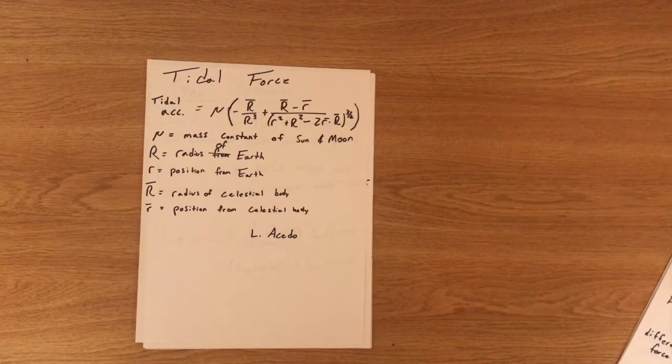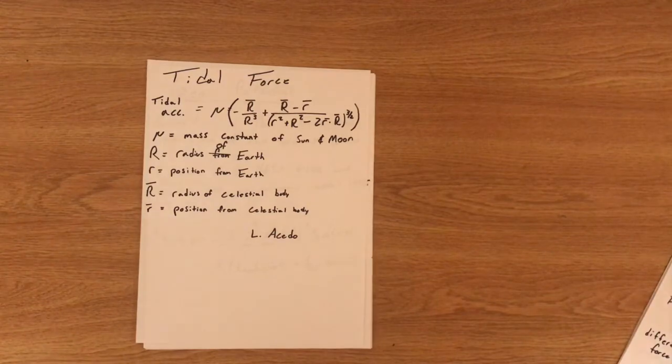Capital R bar is the radius of the celestial body, in this case the moon or the sun, and little r bar is the position from the celestial body to the satellite, so the distance from the sun's surface to the satellite.